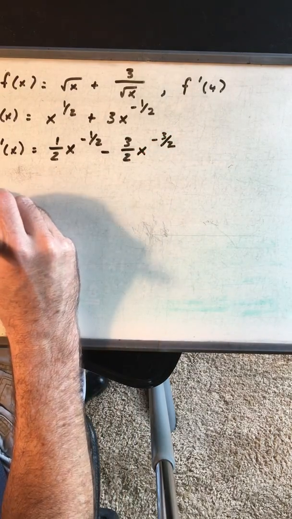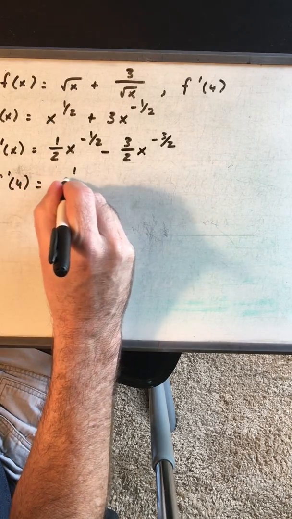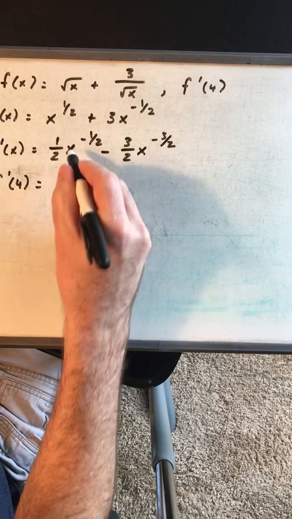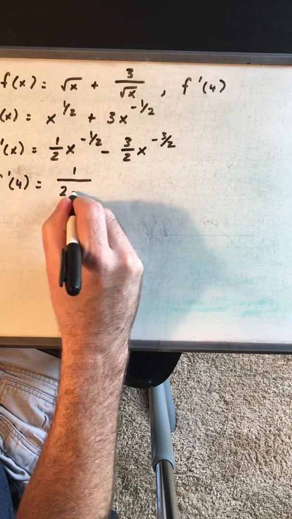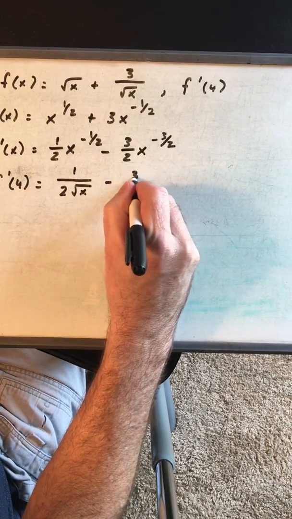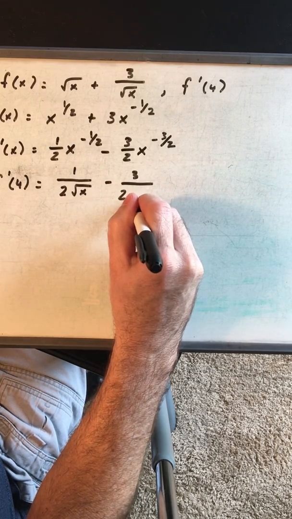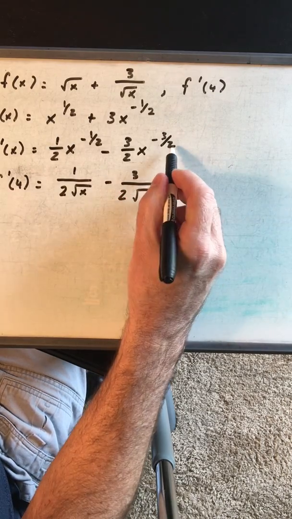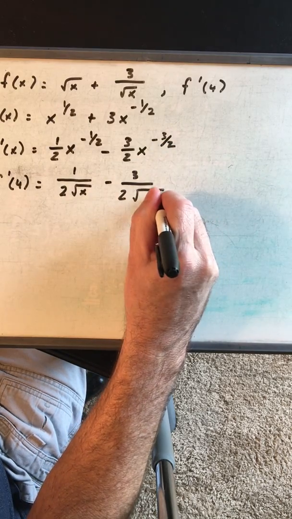All right, and we'll get f prime of 4. That's 1 over, and let's bring this x to the negative 1/2 down into the bottom. So 2 times the square root of x minus 3 over 2 times the square root, remember the radical, square root of x cubed.